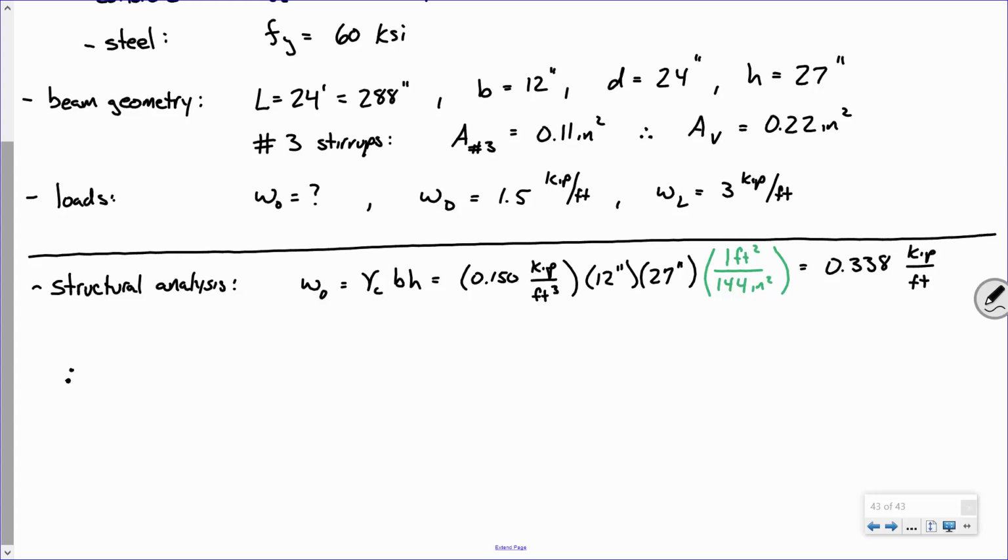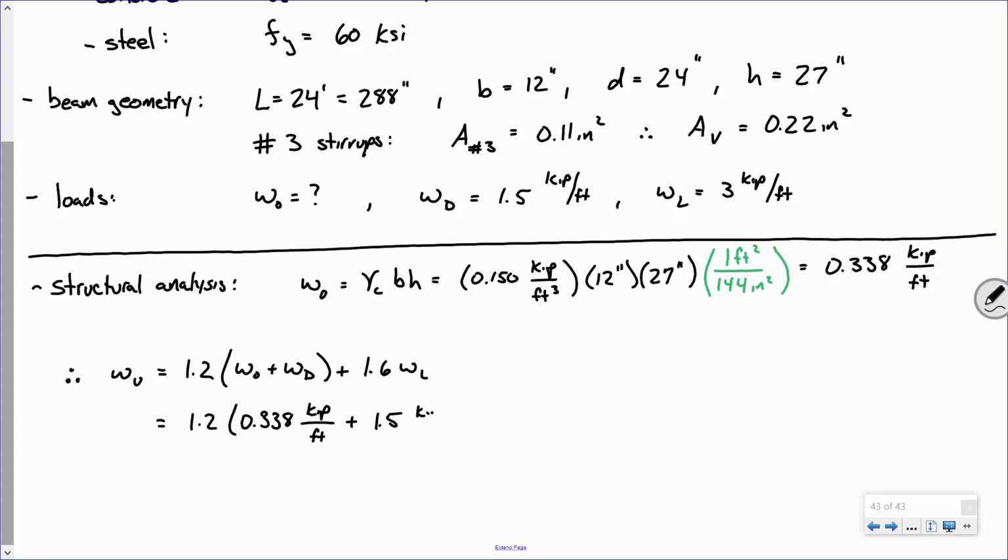So therefore, W sub U, 1.2, and then plug and chug, and that should be about 7.005 or about 7 kips per foot.